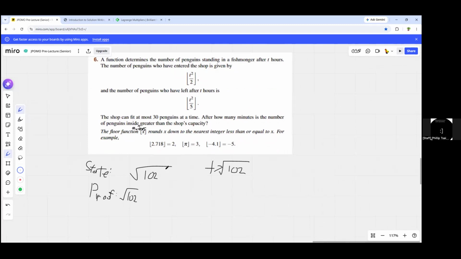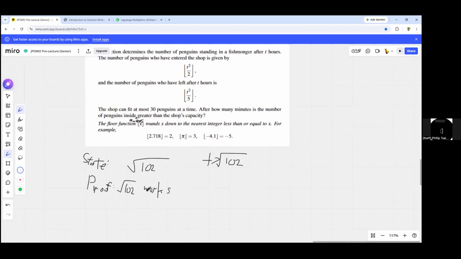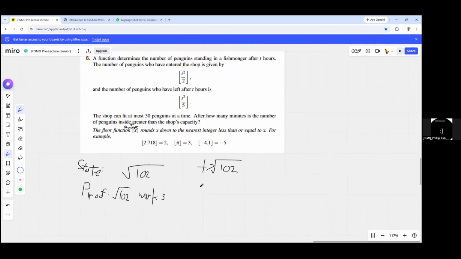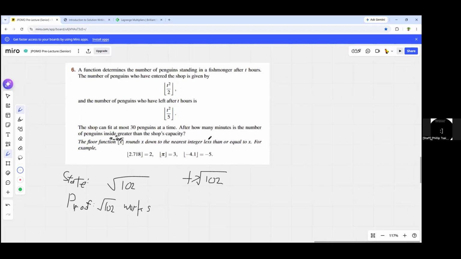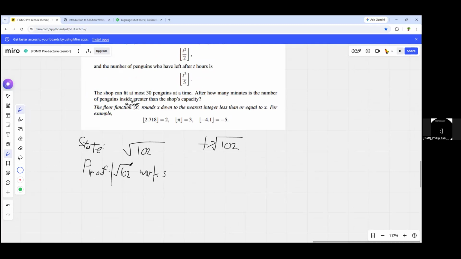Firstly, you have to show that the square root of 102 works in this manner, and then prove that for any number below square root of 102, you'll still get a number of penchicks that is less than or equal to 30. So I'm going to go with this first part here.